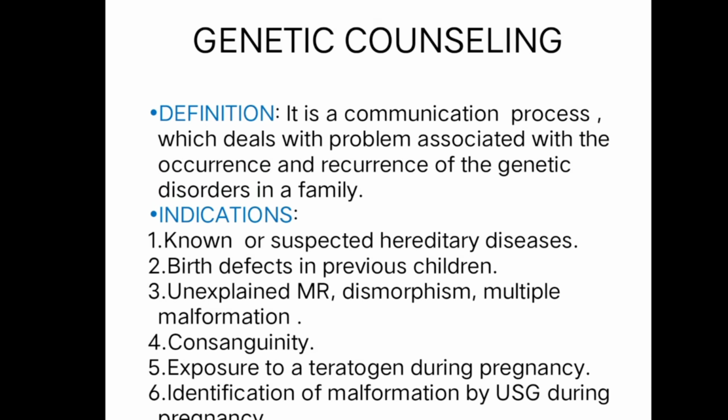Next, consanguinity, that is, marriage taking place between relatives. Exposure to a teratogen during pregnancy. Identification of malformation by ultrasonography during pregnancy. So by asking for the health history or by checking the predisposing factors or risk factors, we will do this genetic counseling.